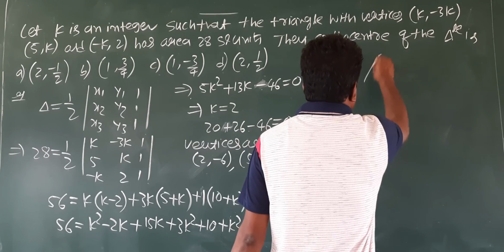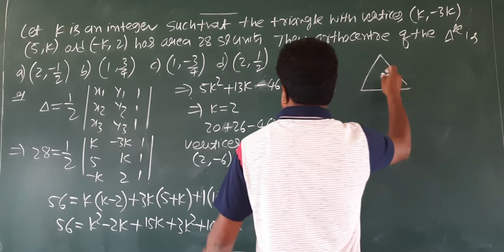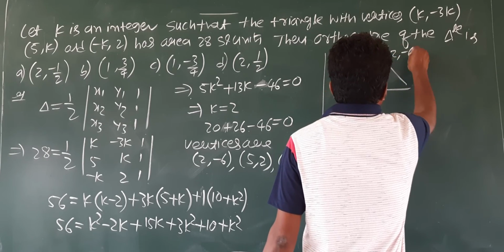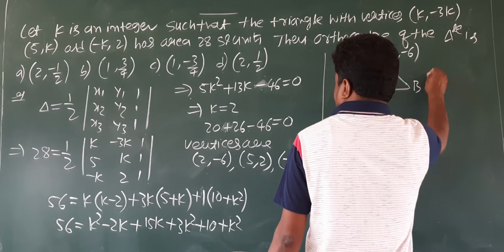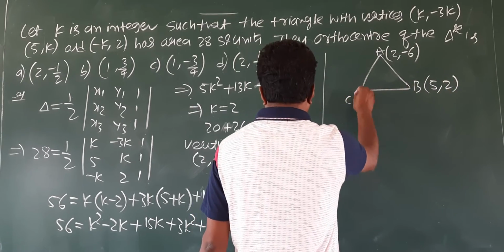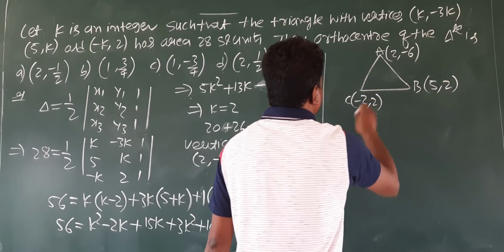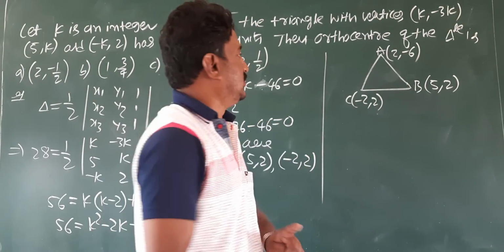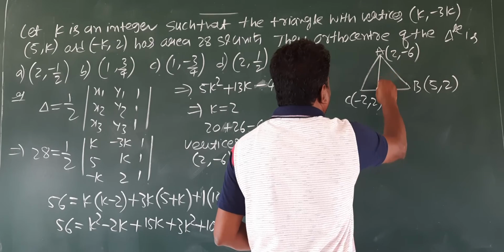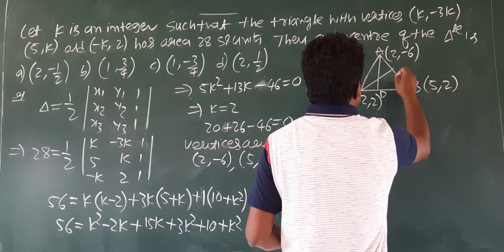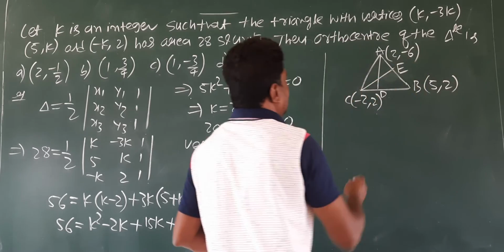So triangle A 2 comma minus 6, B 5 comma 2, C minus 2 comma 2. Let us find the equations of two heights. First height AD, and one more height CE.